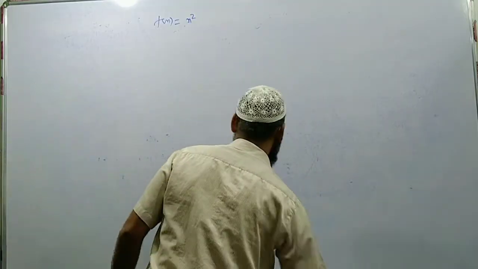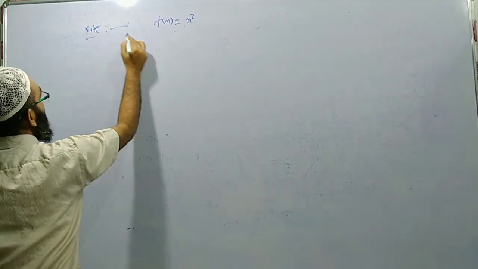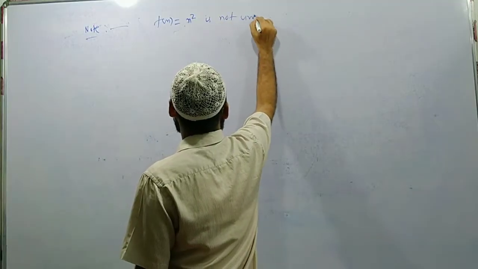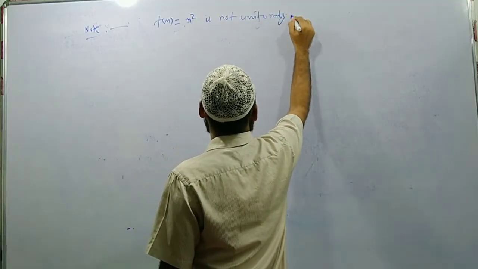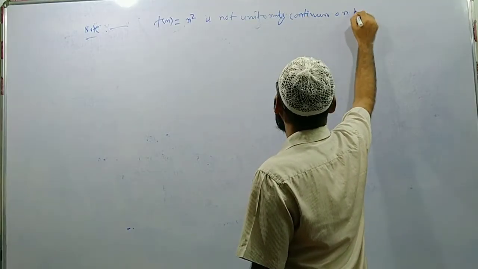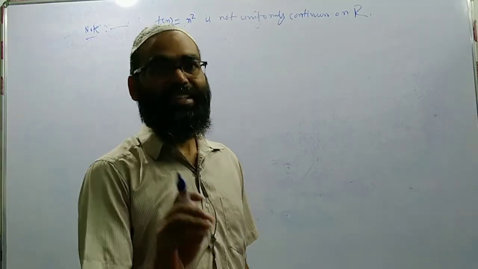You can write down the note: f(x) equal to x square is not uniformly continuous on R, the set of real numbers. We shall prove it later.